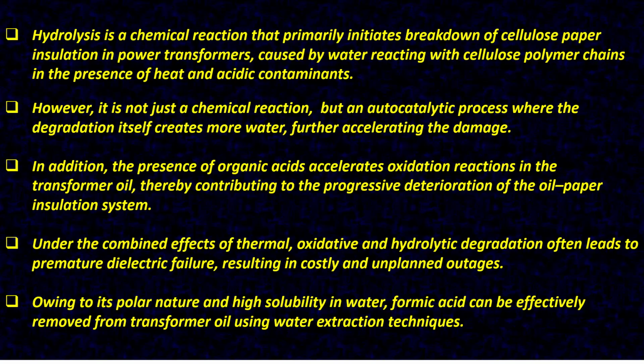In addition, the presence of organic acids accelerates oxidation reactions in the transformer oil, thereby contributing to the progressive deterioration of the oil paper insulation system. The combined effect of thermal, oxidative, and hydrolytic degradation often leads to premature dielectric failure, resulting in costly and unplanned outages.